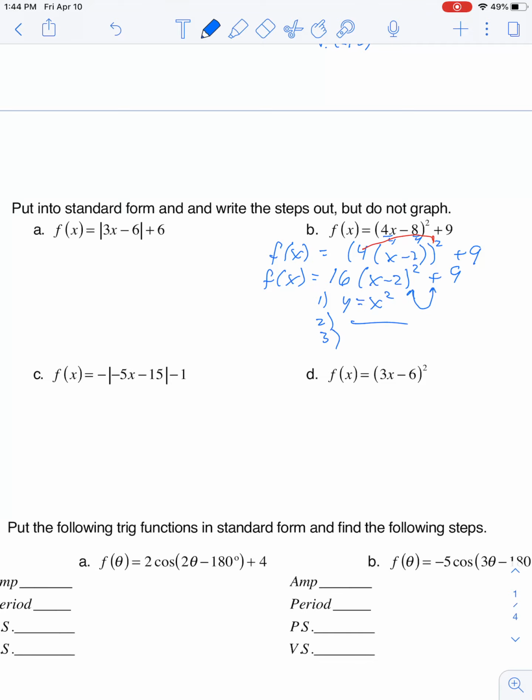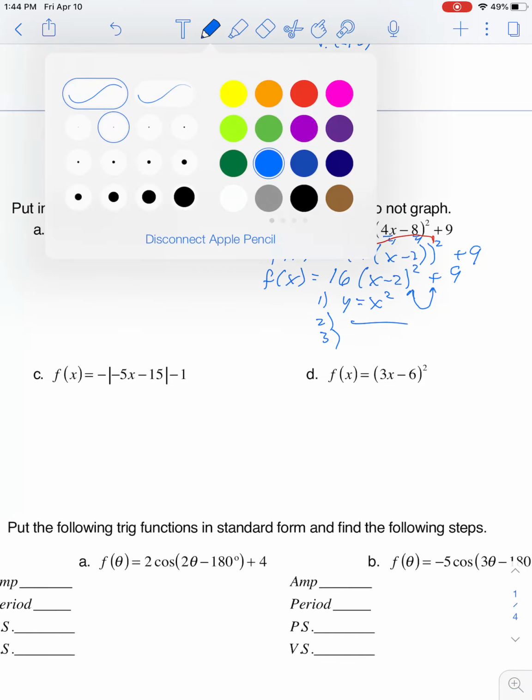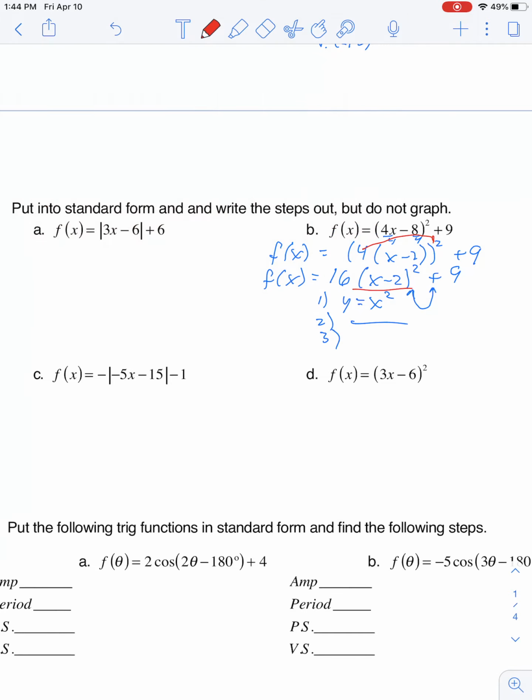Our vertex, again, make sure we get it from this thing that we rewrote there. I'm taking the opposite of the negative 2, and that'll give me a 2. So my vertex is at 2, 9. And then we can write our graph. It also has a vertical stretch. You probably wouldn't actually be graphing one of these, but that's at 16.